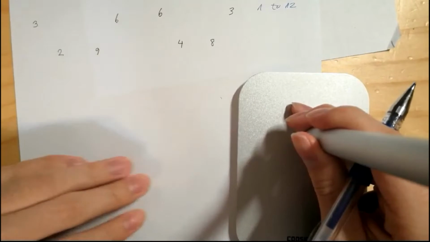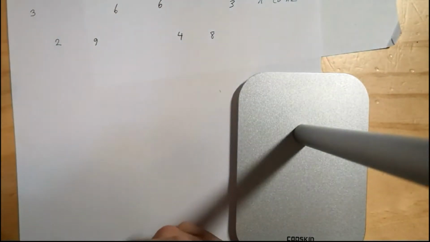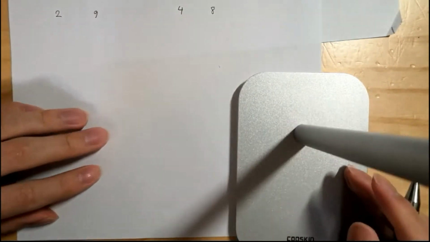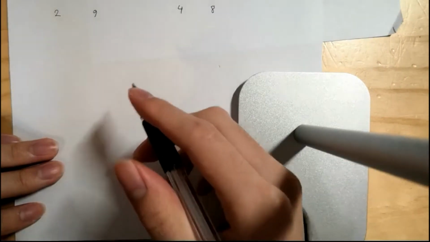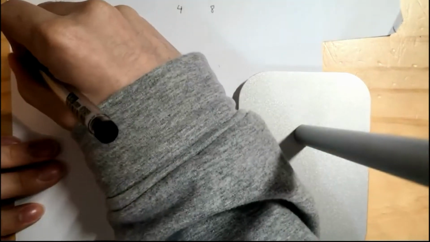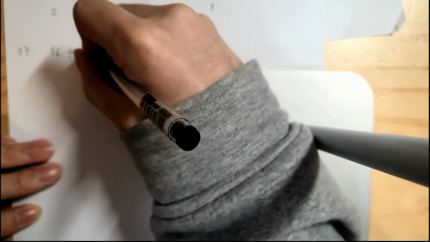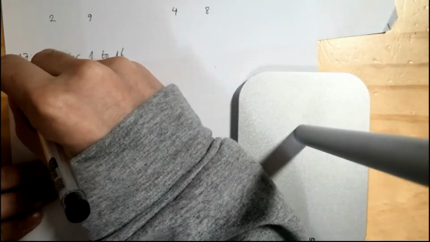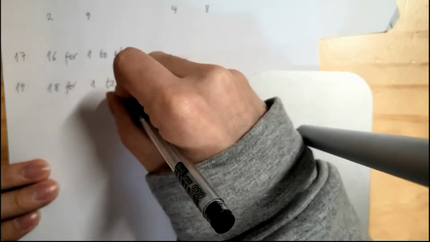I think we can explain 17 and 19 having 16 and 18 integers repeating over and over again. It's for 17 minus 1 or 19 minus 1 number of fractions. So for 17, we would have 16 for 1 to 16. And for 19, we would have 18 for 1 to 18.